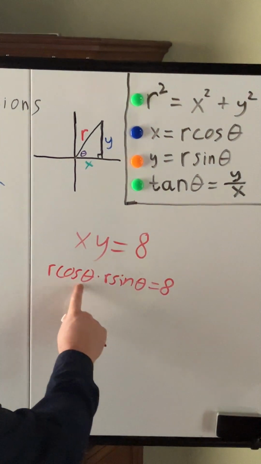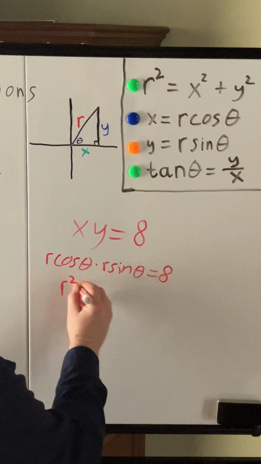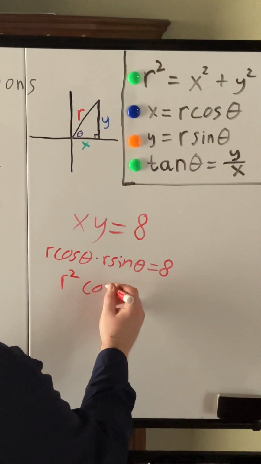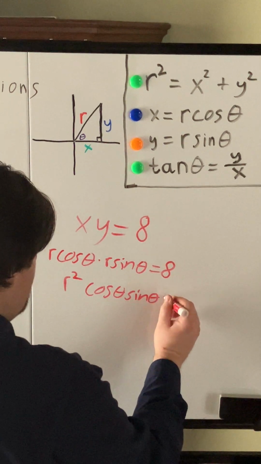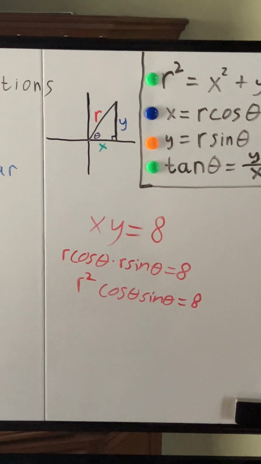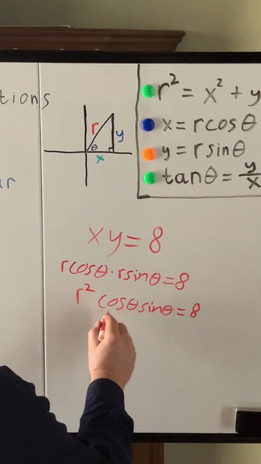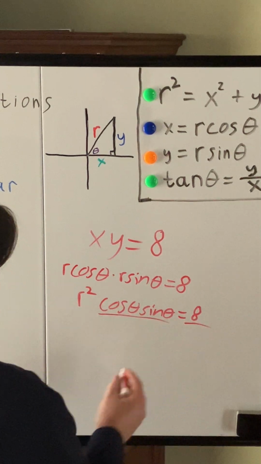We know that these are all just multiplied together, so we could write this as r squared cosine theta sine theta equals 8. And now all we really have to do is divide both sides by cosine theta sine theta.